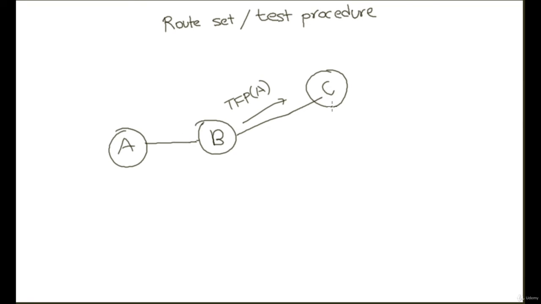Now C has to periodically judge whether that prohibited condition is still there.